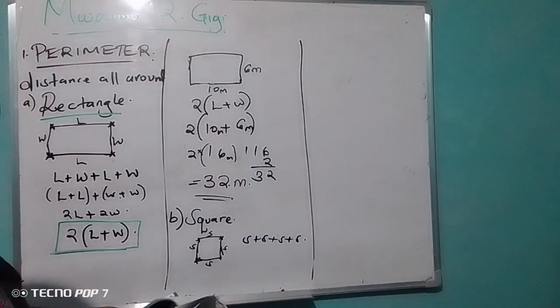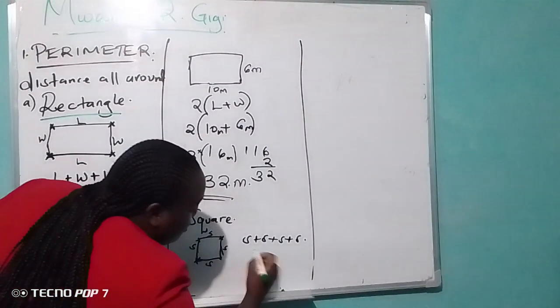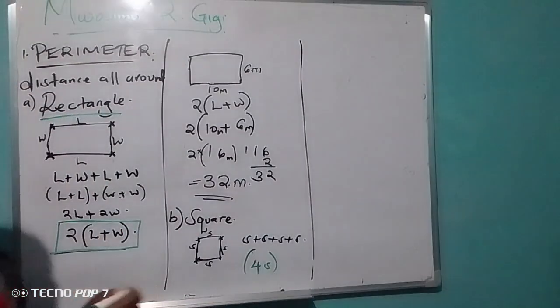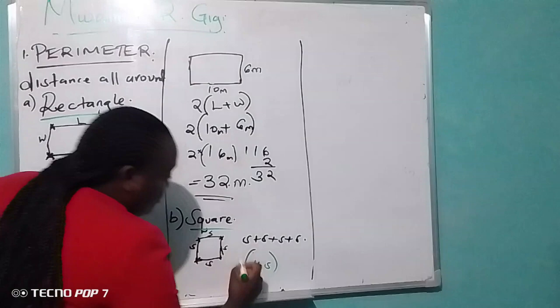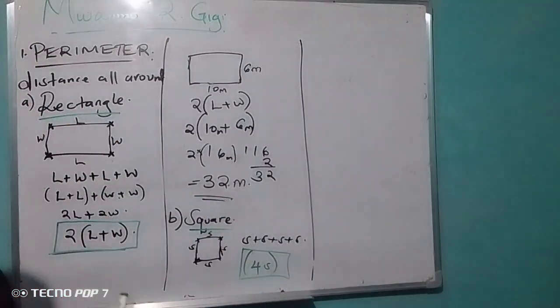So hapo itakuwa 4s, ndio? 4 sides, ndio? 4s. So in our case, let's do an example.